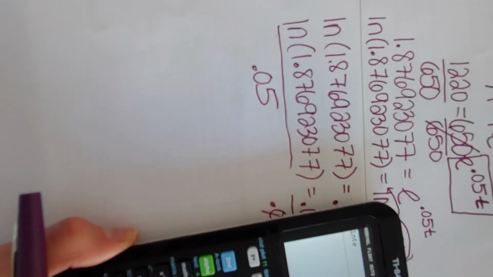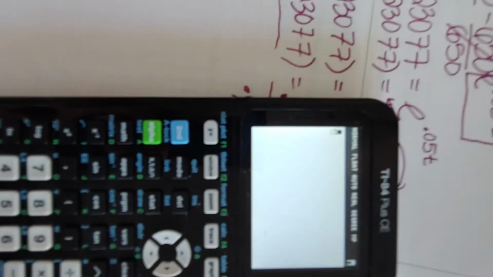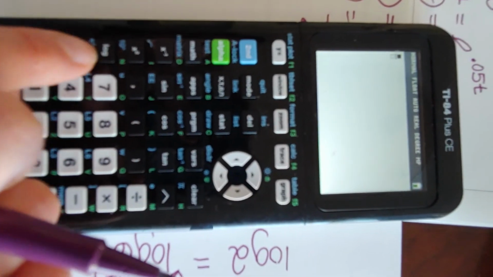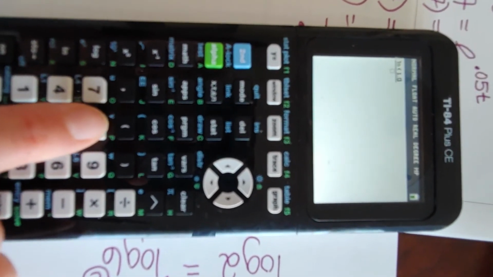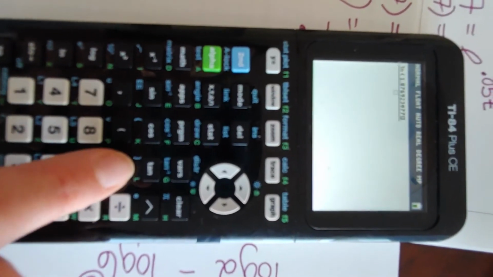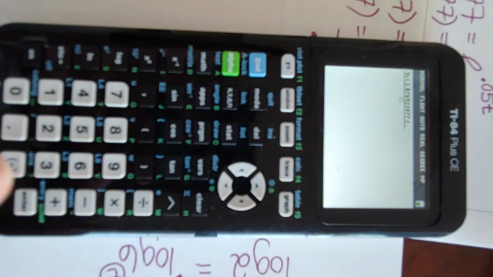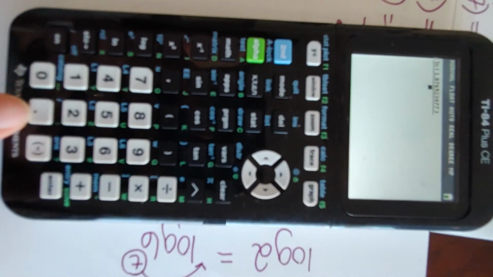And now I just type in this value. Alpha y equals, I have ln of 1.876923077. And if I was smart, I would have used second negative symbol to get my answer back in so I didn't have to type it or round it.